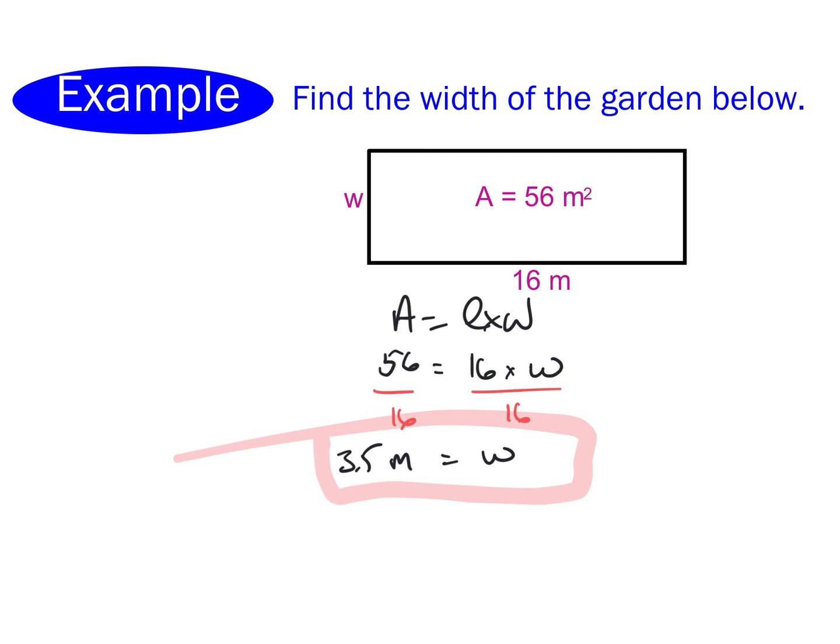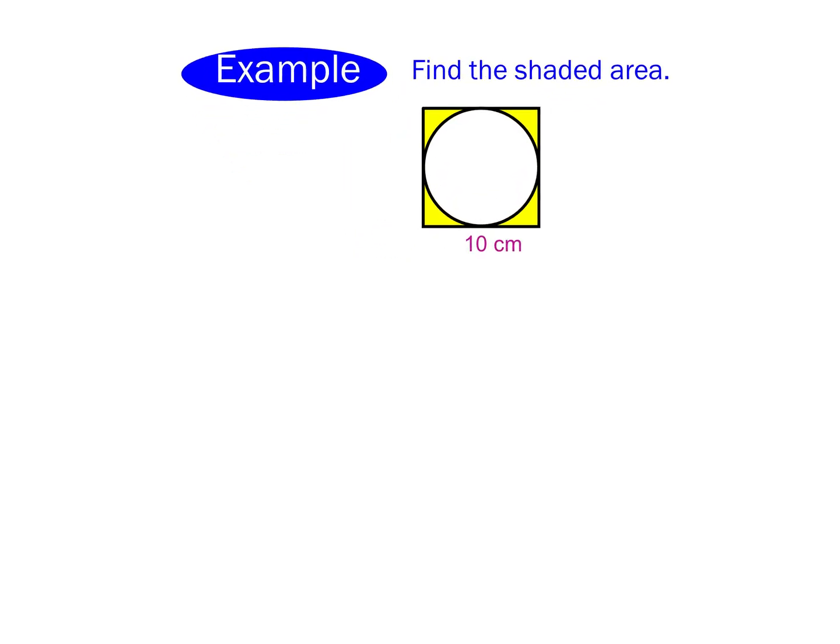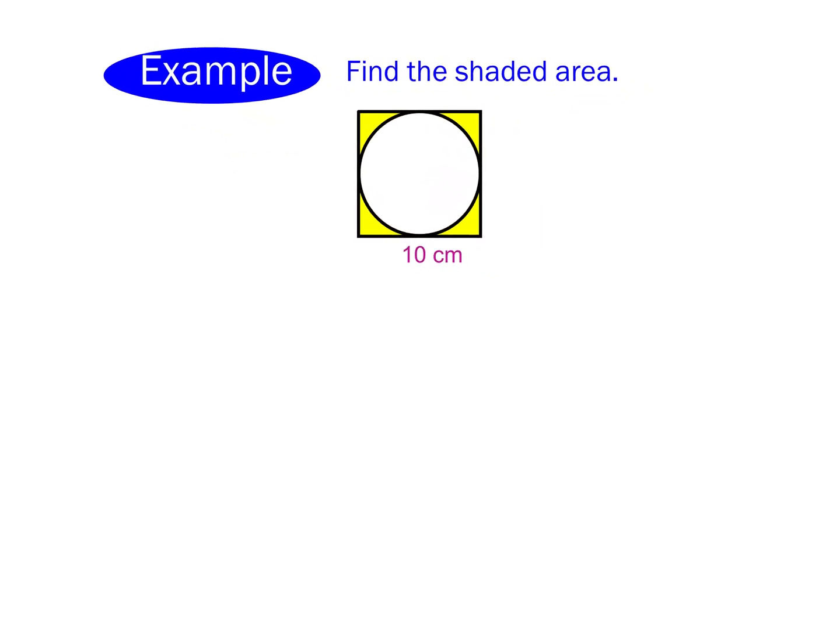All right, we got one more example, I believe. Here it is right here. Find the shaded area. So we have a square with a circular part cut out of it. So we need to first figure out the area of the square.